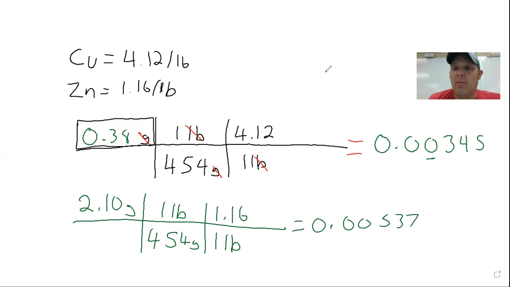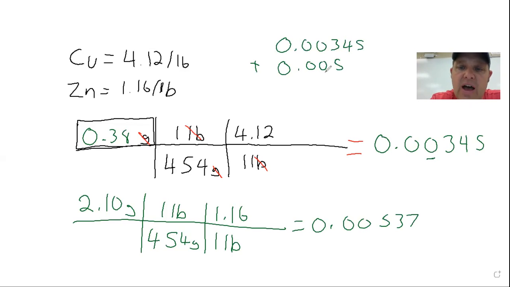So to find out how much the new penny is worth, we need to add these two up. Let's do this at the top. We have 0.00345 plus 0.00537.